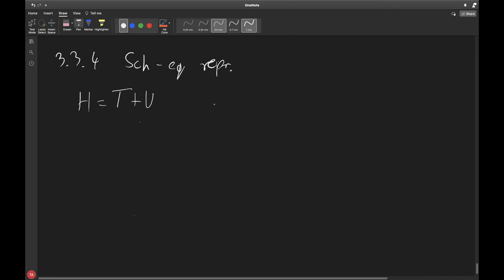And we also discussed that the T can be calculated as P squared over 2m. So then that leads to the Hamilton operator being described by the P operator squared over 2m plus the V potential at the x point.